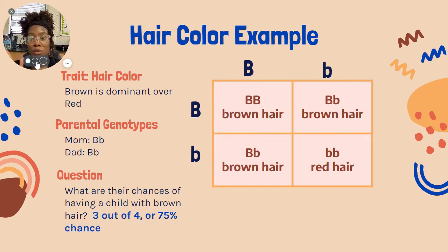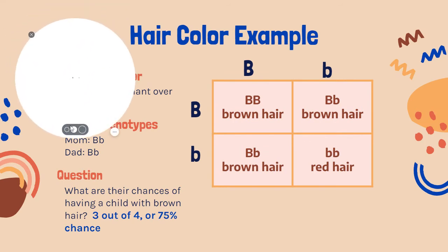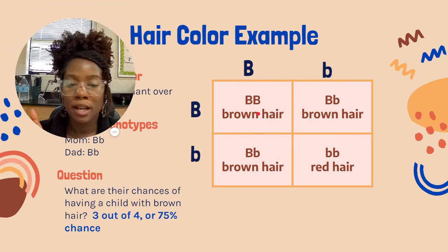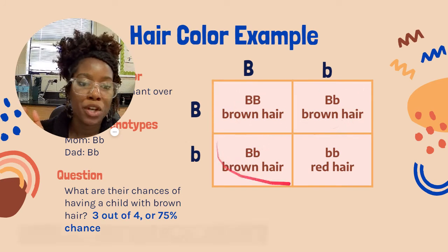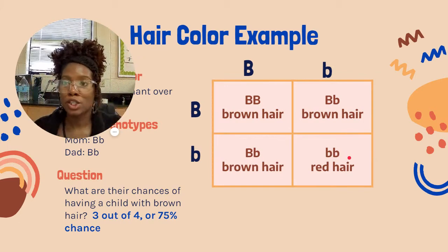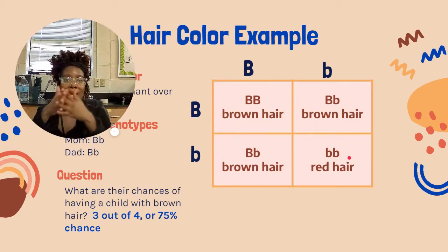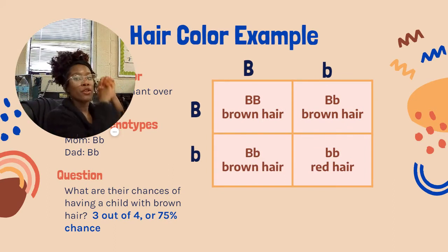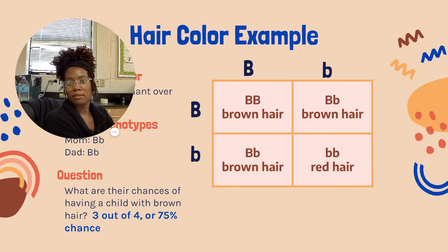Now, one thing the students get confused on is this doesn't mean that the first kid is going to have brown hair, the second kid is going to have brown hair, the third kid is going to have brown hair, and then the fourth one is going to have red hair. This is the probability for each child. So as they are getting pregnant with one baby, there's a 1 in 4 chance. The next time they try and get pregnant again, there's still a 1 in 4 chance.